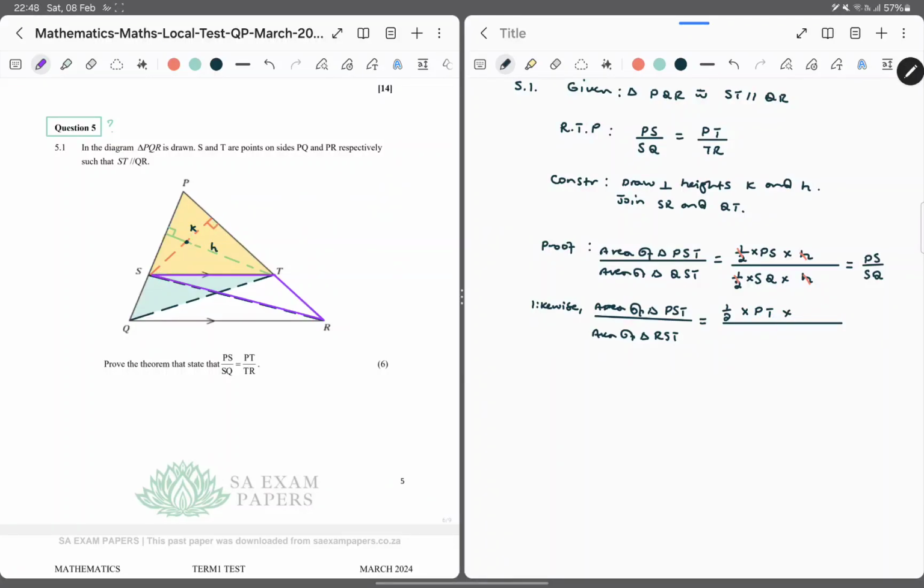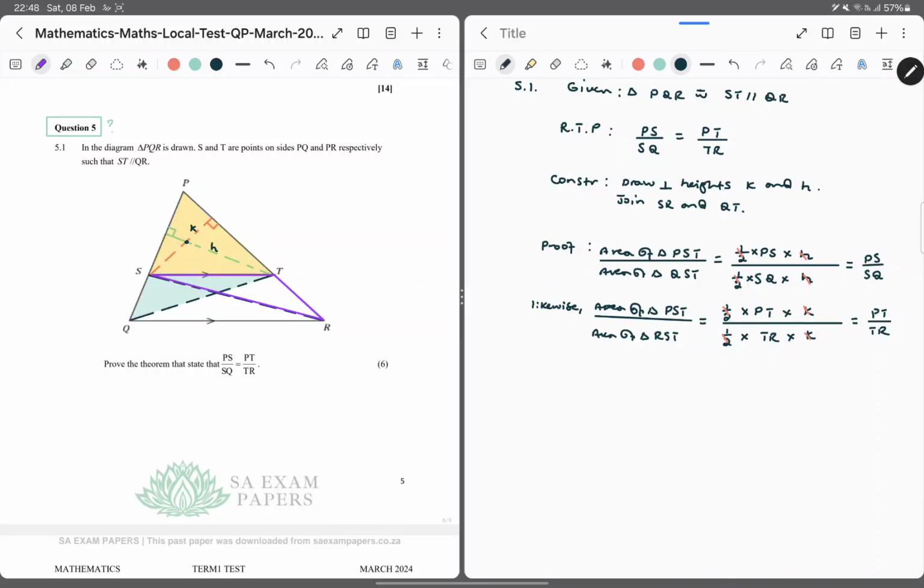This time the height is K. This is going to be a half times, the base is TR. The height, remember, it's a scalene triangle, the height is outside. So again, we will see K divides to 1, the half divides to 1, and all we have left is PT over TR. So we've got those two ratios.